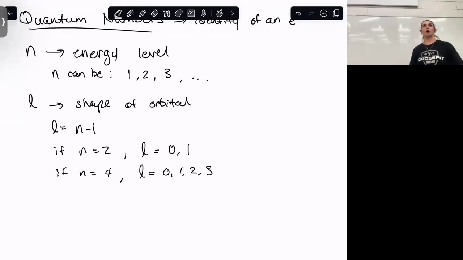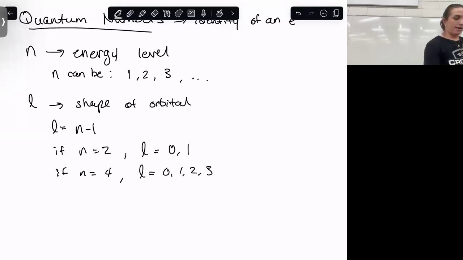Yep. All of those options will exist for n equal to 4. You will always have something that's 4, 0. You'll always have something that's 4, 1, always something that's 4, 2, always something that's 4, 3, right? All of those combinations will exist. Any questions on L?